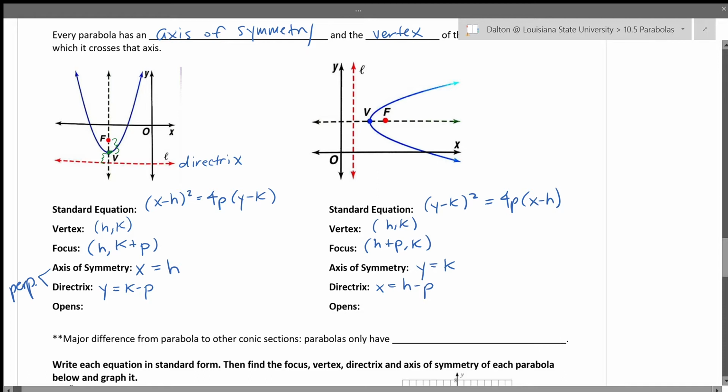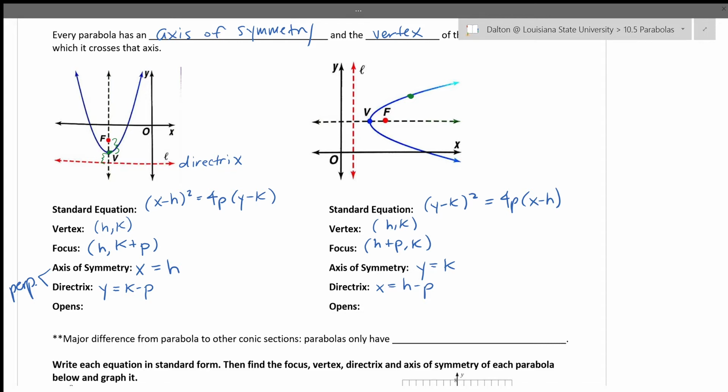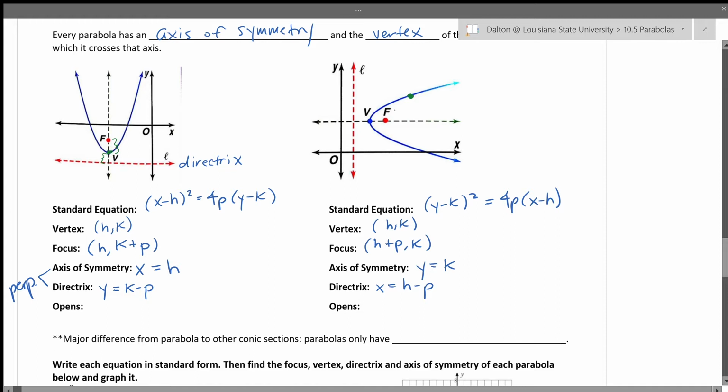And it works for either one. So even if I pick a random point here, the distance to the focus is going to be the same distance as that point is away from the directrix line.